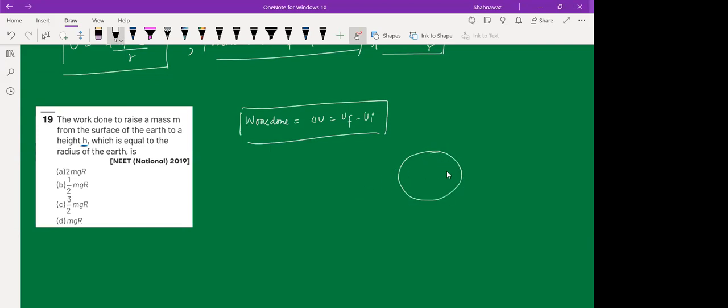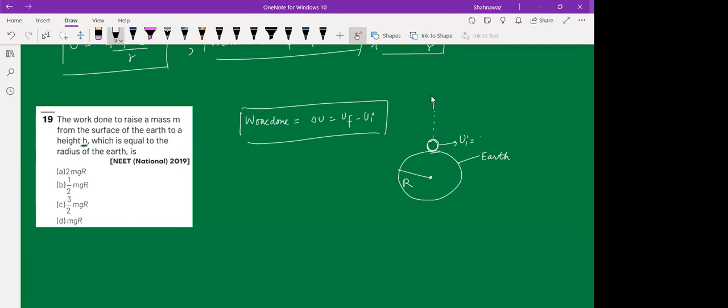That we already know, right? So we have an object. This is our Earth, and this is the radius of the Earth. Some object was here. Initially, some object was here, so it had some potential energy, right? Now we lift this object to a certain height.